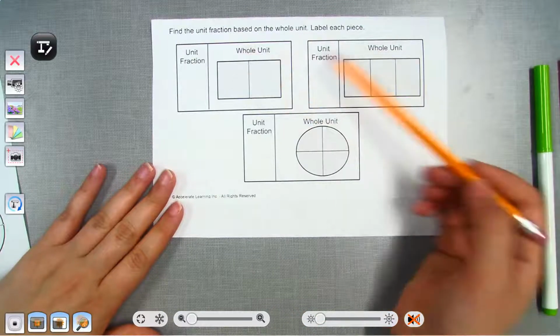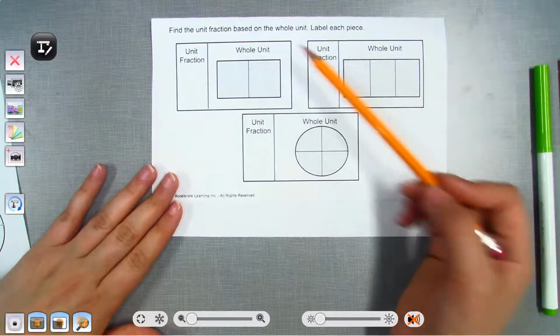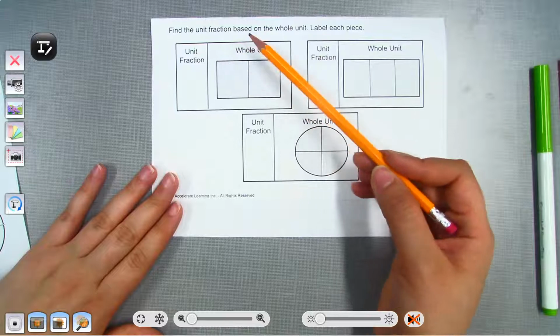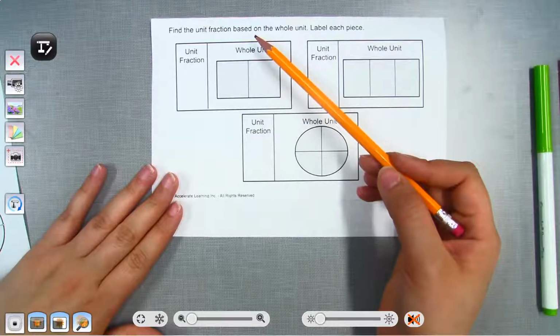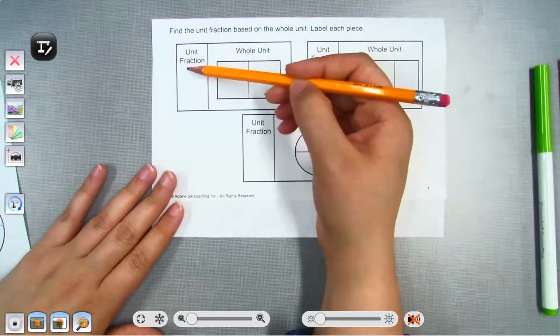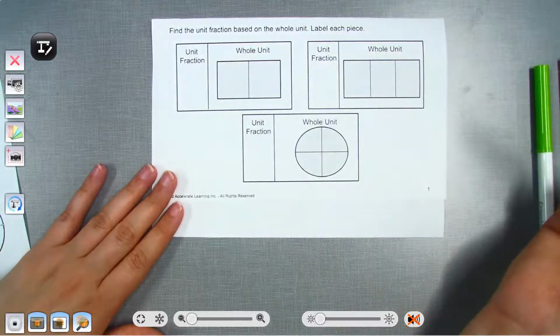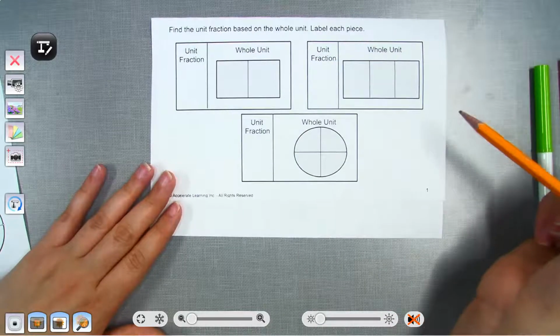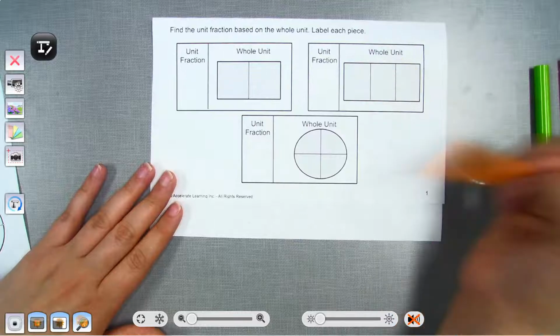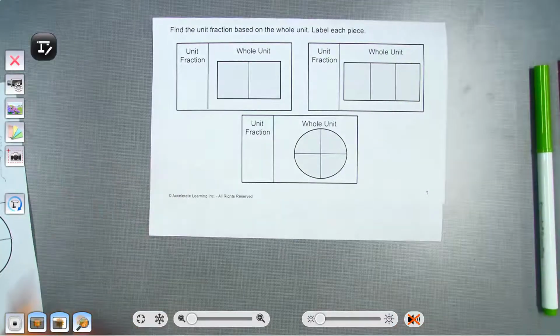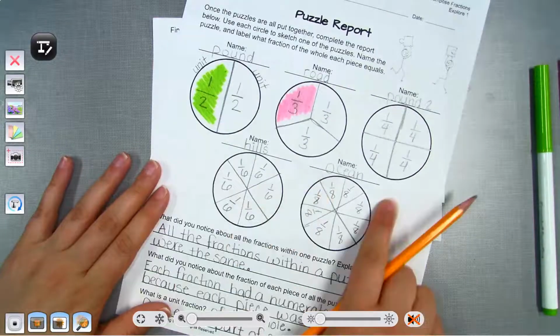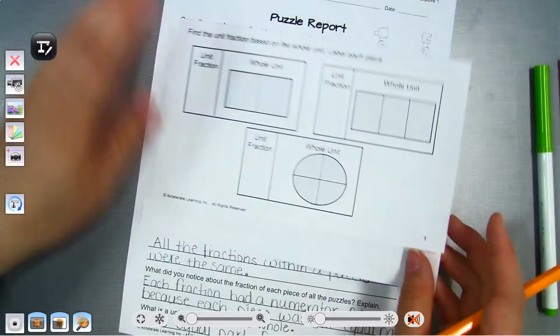It says find the unit fraction based on the whole unit. So what would my unit fraction be? You need to look at what it's divided into and what one of those pieces would be called. Think about when we did this up top. Okay. All right.